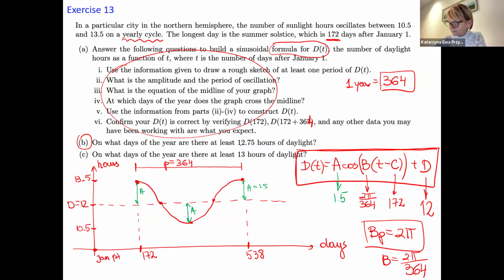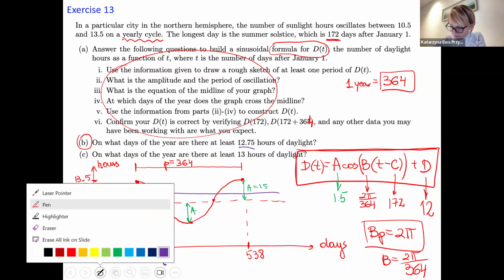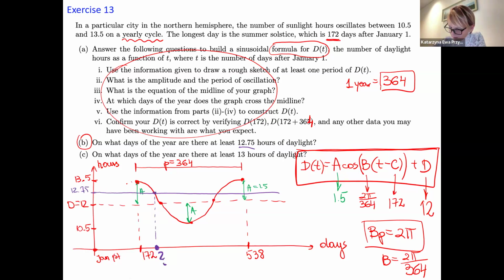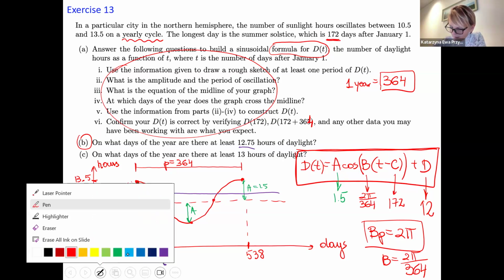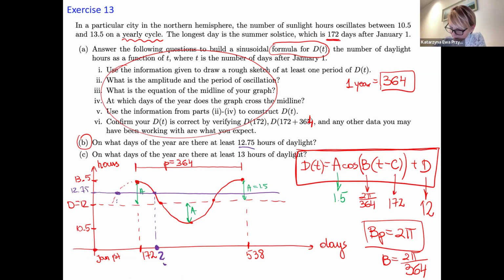Let's use purple. Somewhere here, 12.75. I can draw a purple line, and we will need this number of days.